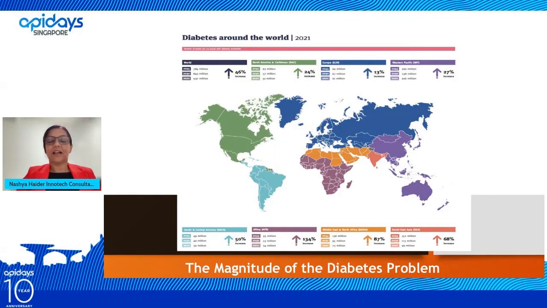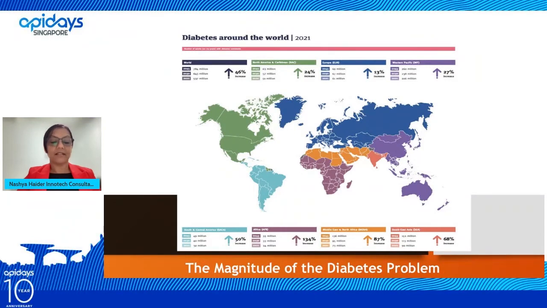So as you can see from this map, diabetes is a global pandemic. An estimated 537 million people worldwide have diabetes, accounting for 12% of the world's health expenditures. And yet, 1 in 2 persons remain undiagnosed and untreated.